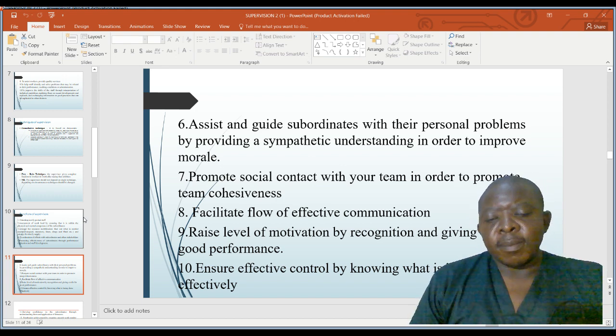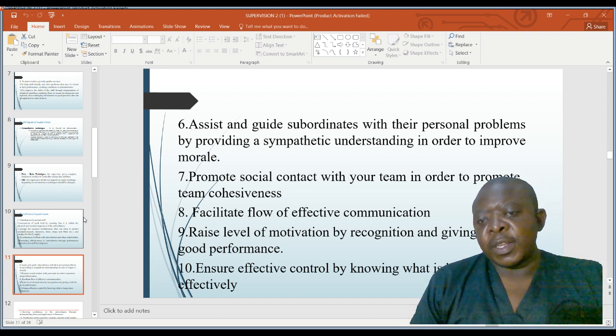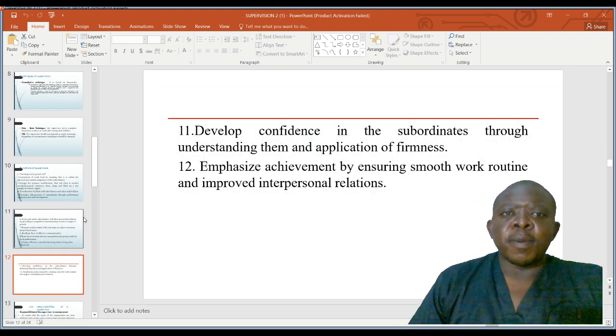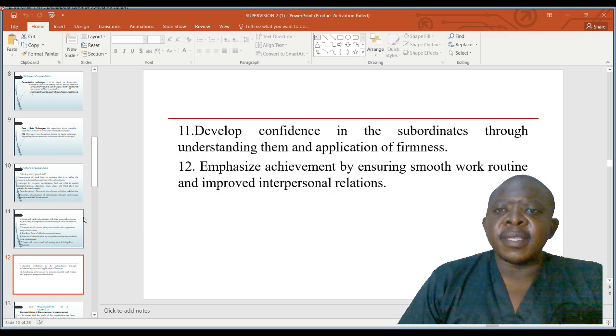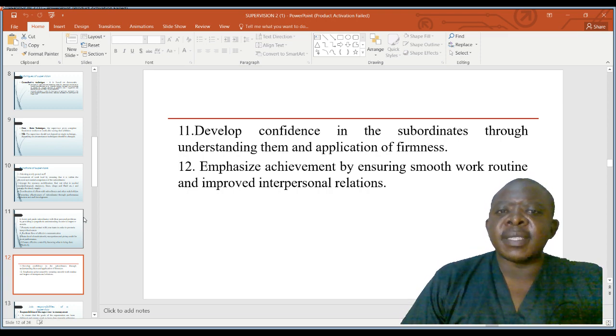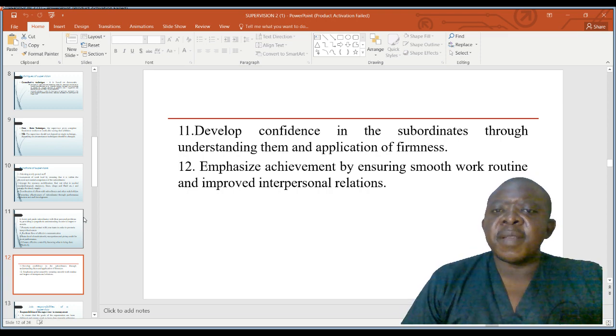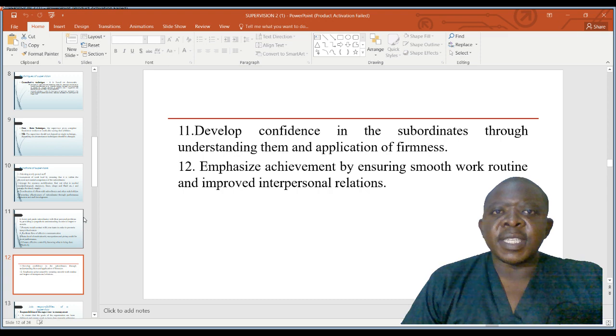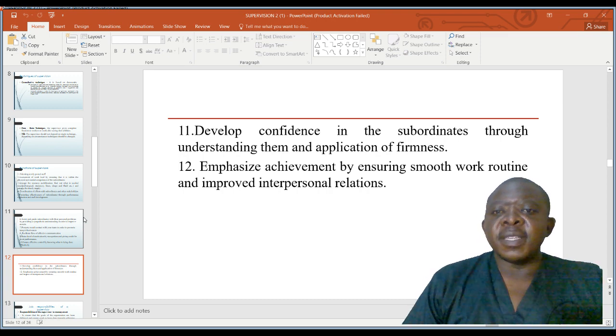So by doing that, they will ensure there is effective control. Then the 11th function of supervisors is to develop confidence in the subordinates through understanding them, and also application of firmness. The 12th function of supervisors is to emphasize achievement by ensuring a smooth work routine and improved interpersonal relations.